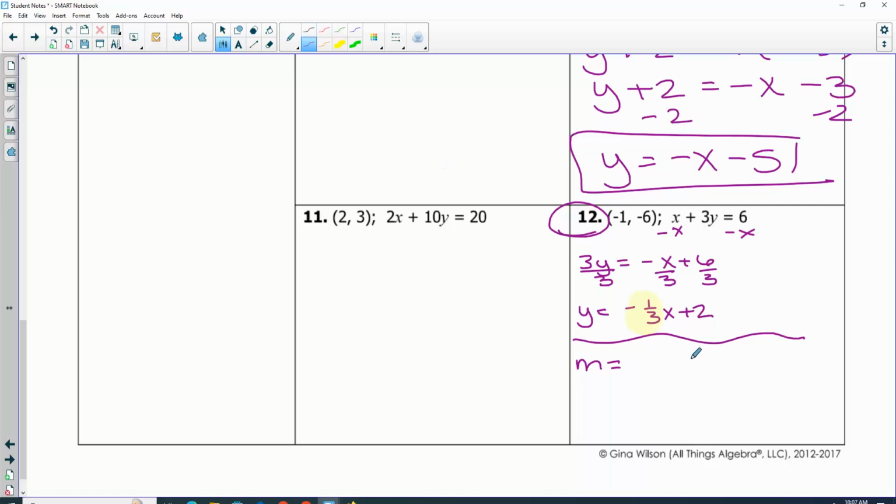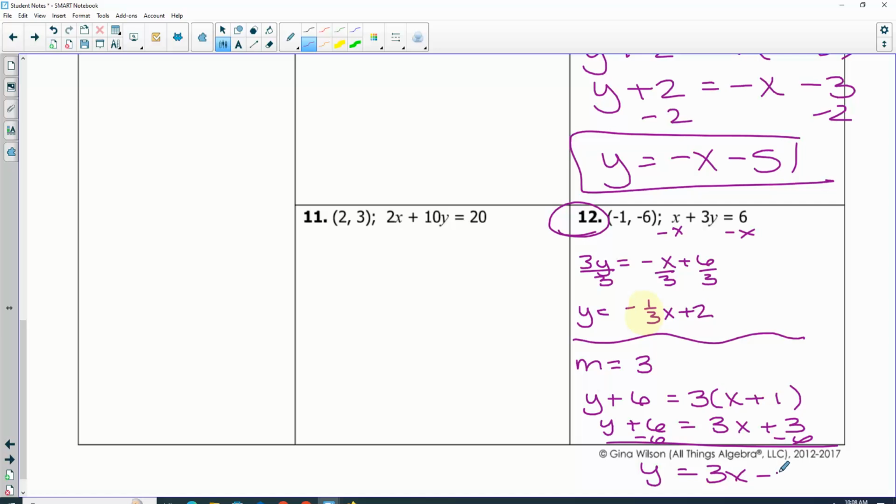This is a negative 1/3, so it'll become positive. When you flip it, it's 3 over 1 or just 3. So then y minus y1, minus negative will become positive 6, equals m times x minus negative or plus 1. So y plus 6 equals 3x plus 3. Subtract our 6. So y equals 3x minus 3.